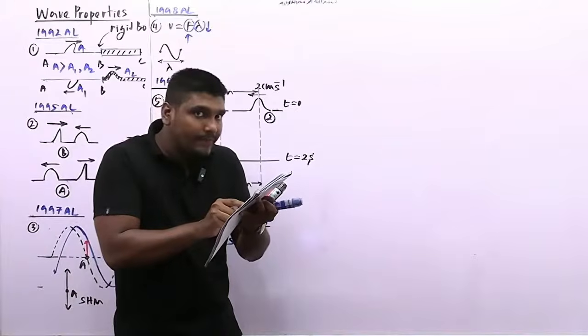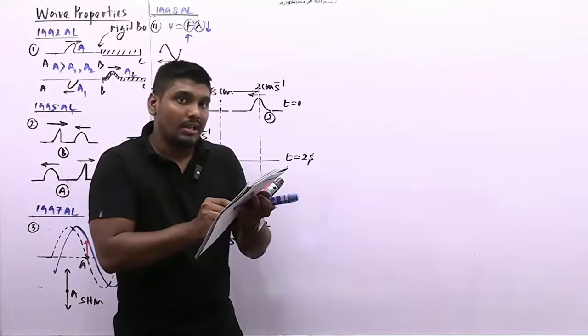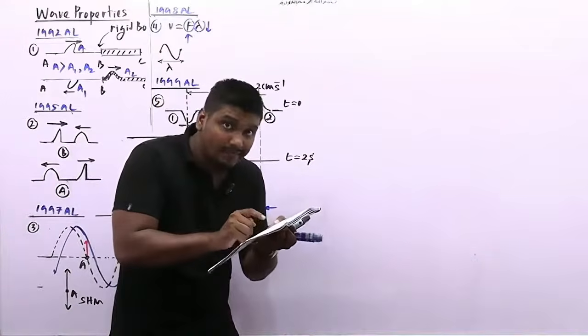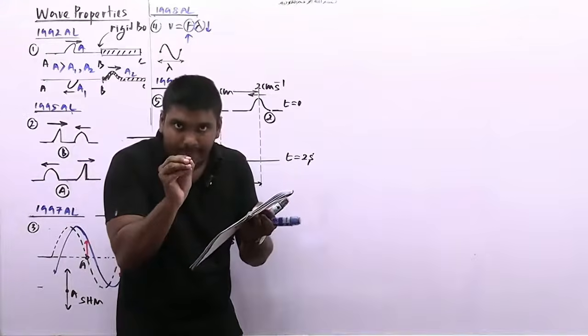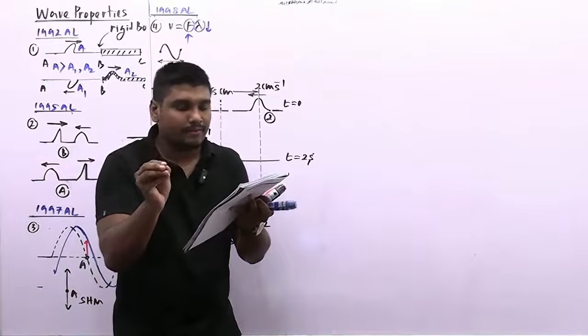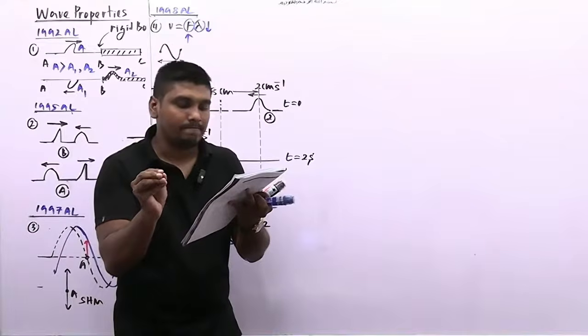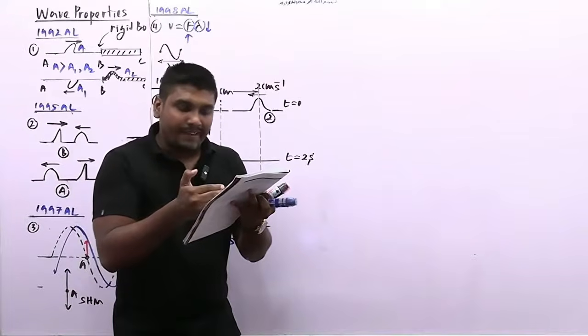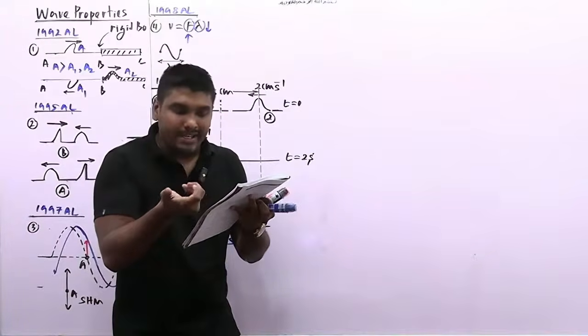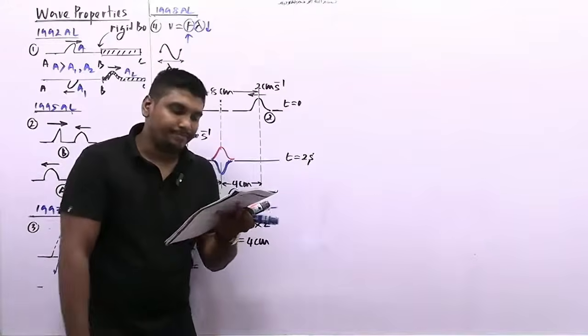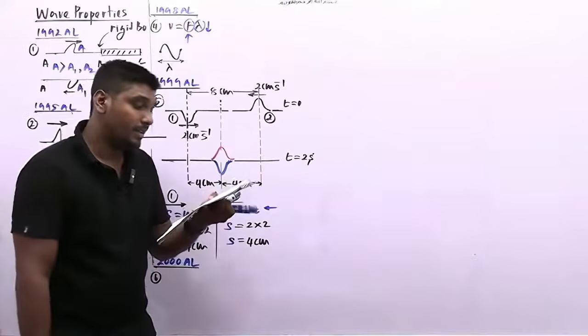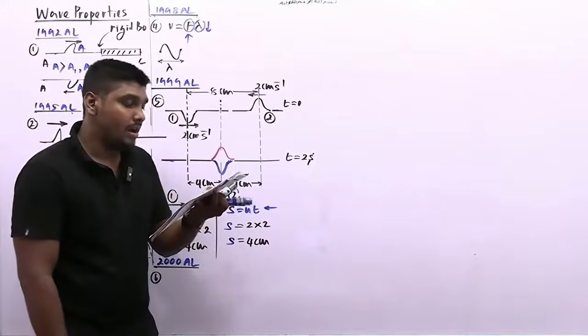That is a kind of soft boundary, so soft reflection occurs at the boundary. This theory part we learned in our theory classes. The reflected pulse is best represented by which option.